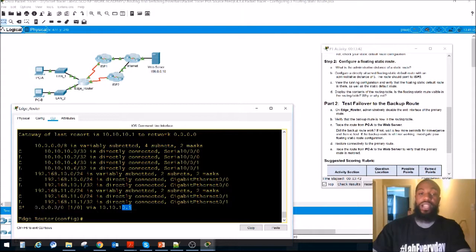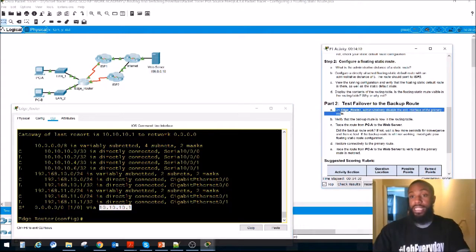We still have our regular one. Our first route says take 10.10.10.1. Why is it not in here? Because it's a floating static route, and therefore it's basically a backup. So the floating static route is not going to show up in your routing table unless the other one is down. And I think that's what they want us to do next.